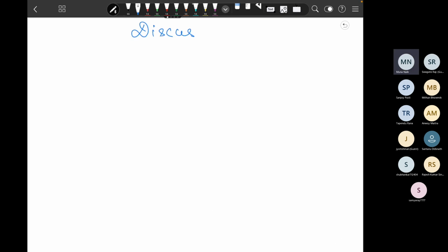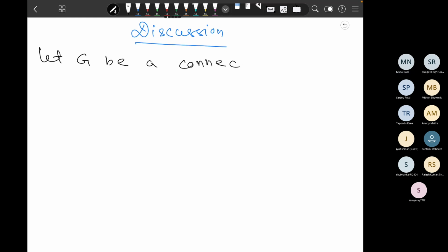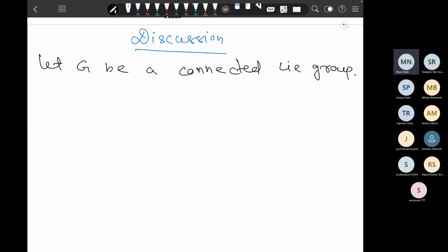So, discussion. Let G be a connected Lie group. Then G acts on G by both left and right translation.